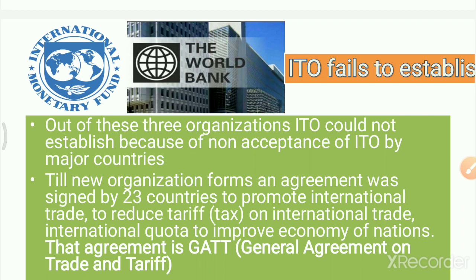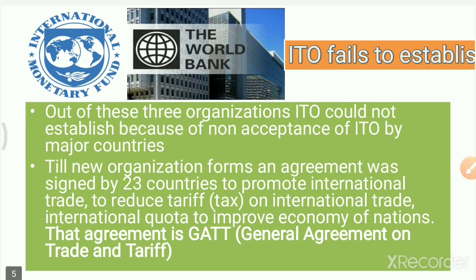The project is financed by the World Bank. Till date, these two organizations are working very genuinely. But the third organization suggested by the Bretton Woods Conference failed to establish.